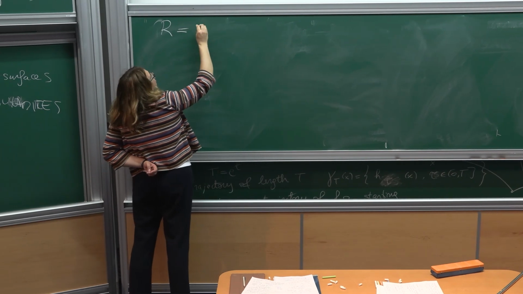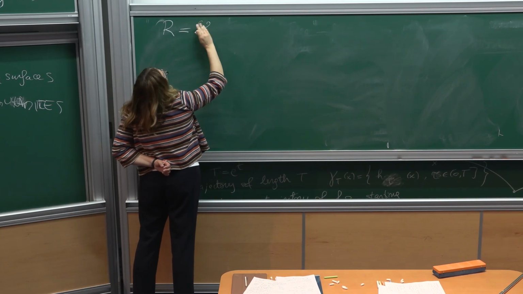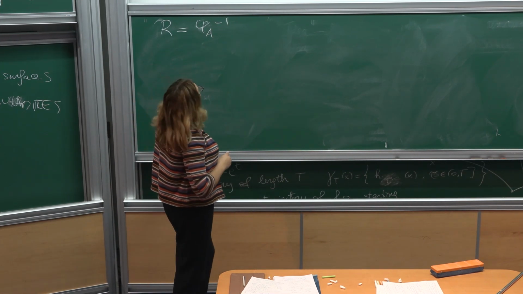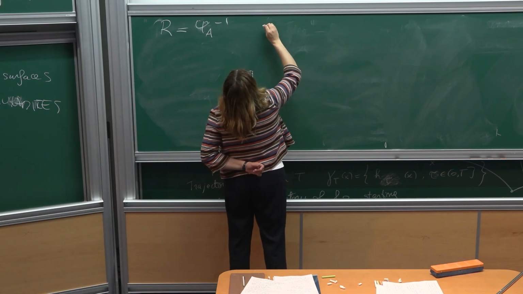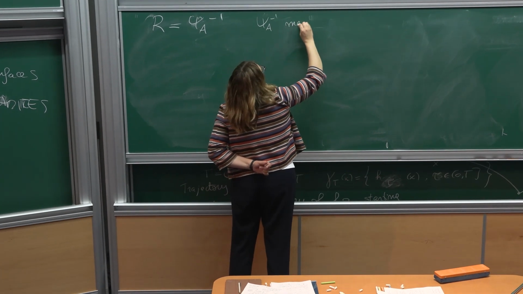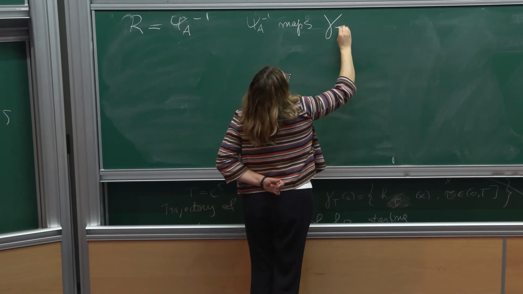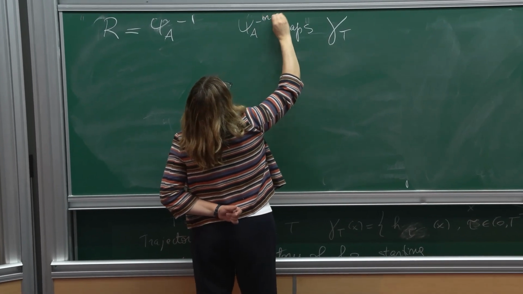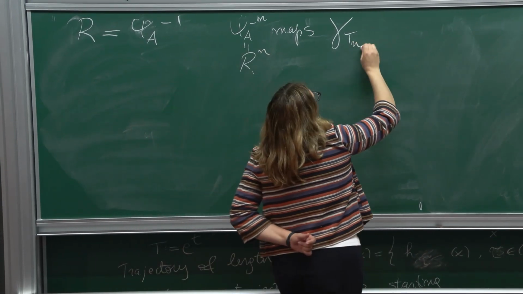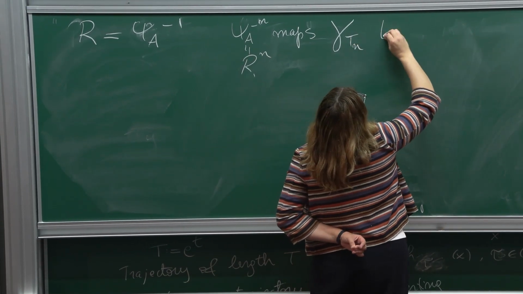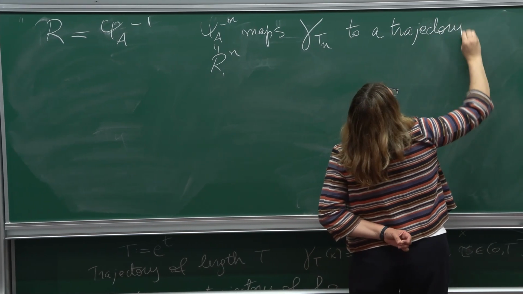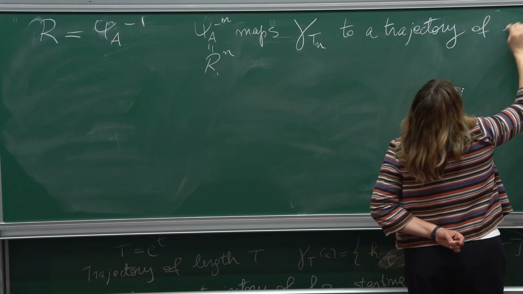I will take this time as a map, C_A inverse, the inverse of the cut map, and then C_A to the minus n maps my trajectory gamma. So R_n maps this long trajectory to a trajectory of length 1.